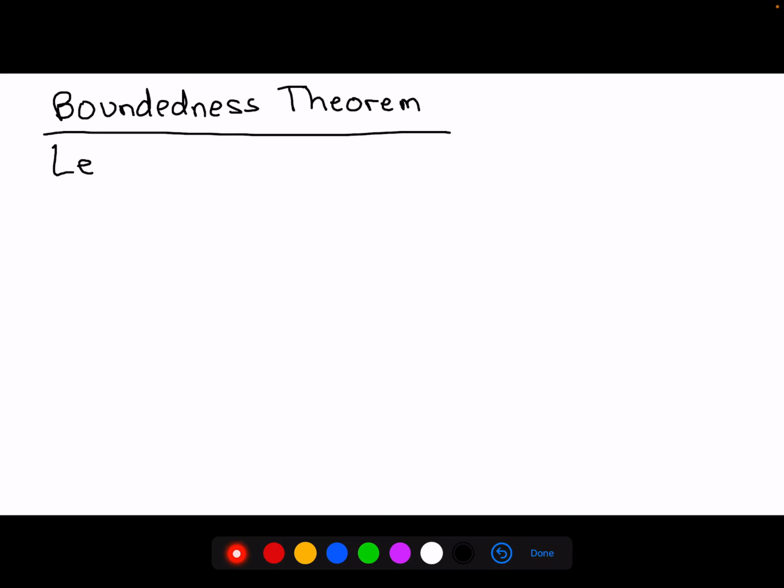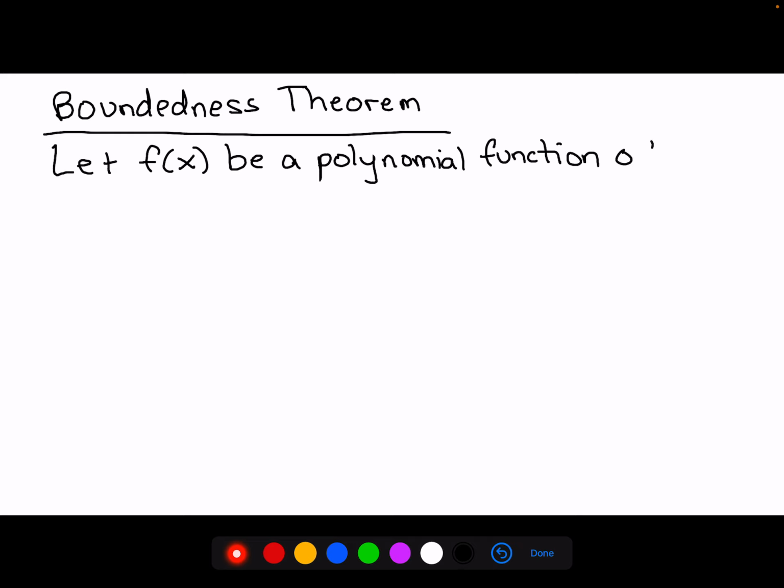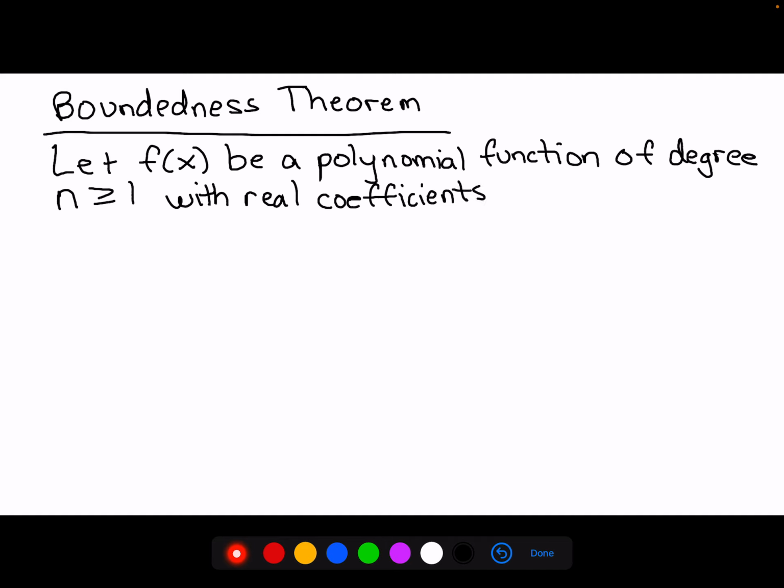Let f of x be a polynomial function again, of degree n greater than or equal to 1, with real coefficients, so we're still focusing on real coefficients right now, and with a positive leading coefficient. So this boundedness theorem is very strict.